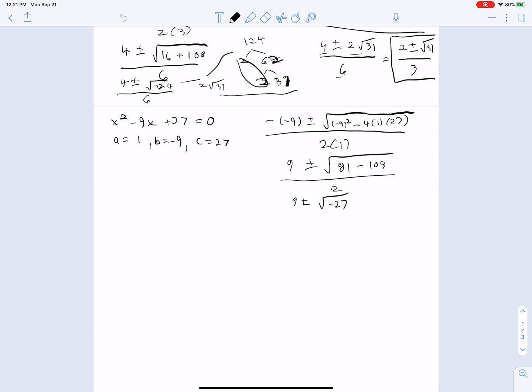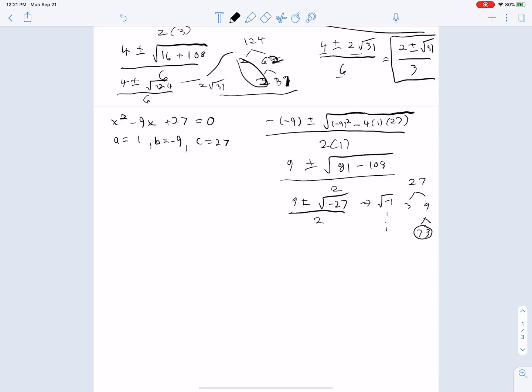Now we have a square root of a negative, which, remember, we need to break down and have our imaginary number come in here. And this all remains divided by 2. So the square root of -27 becomes the square root of -1, which we know is i, times the square root of 27. Now 27 we can break down: 27 is 3 times 9, and 9 is 3 times 3.